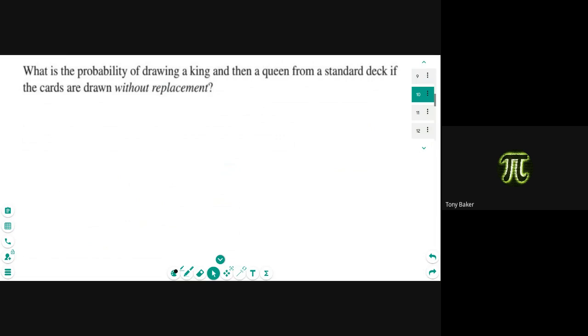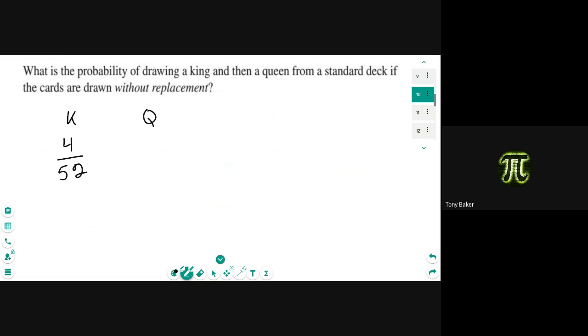All right. Every one of these problems, let's break them down into pieces. What is the probability of me drawing a king out of a deck of cards? 4 out of 52. It's 4 kings, 52 cards. What is the probability of me drawing a queen out of the deck of cards? Right.